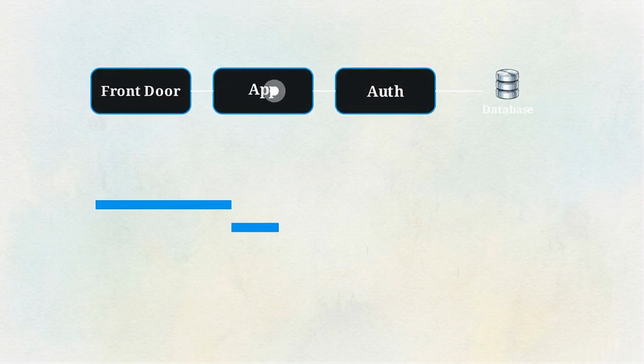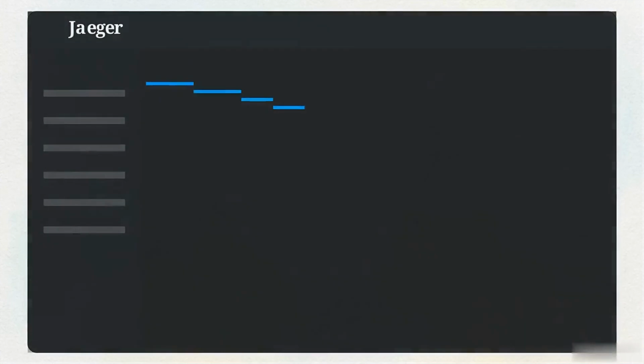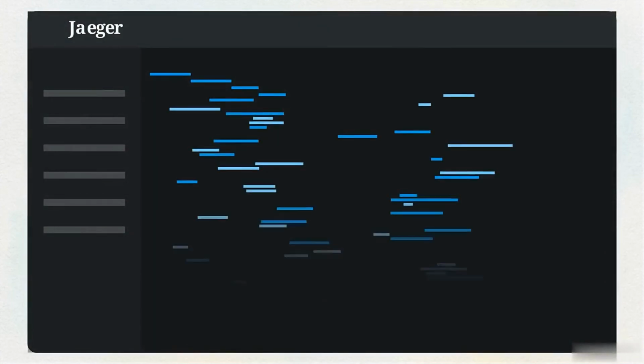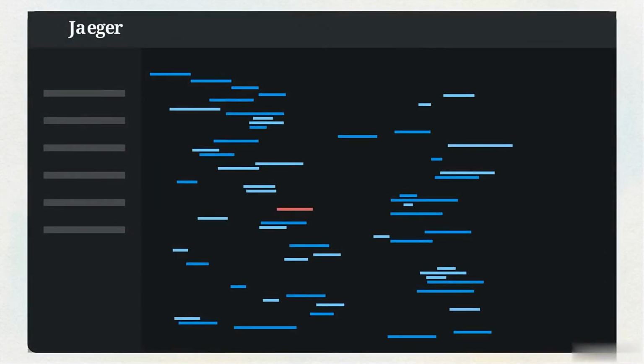It watches data move from your website's front door to the database in the back, recording a horizontal timeline for how long each stop takes. When you have hundreds of stages, engineers use a tool called Jaeger to analyze the journey. If one specific step turns an alert color and stretches out longer than the rest, it pinpoints your exact bottleneck.